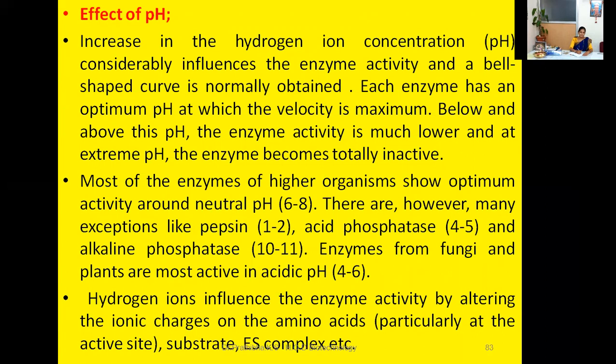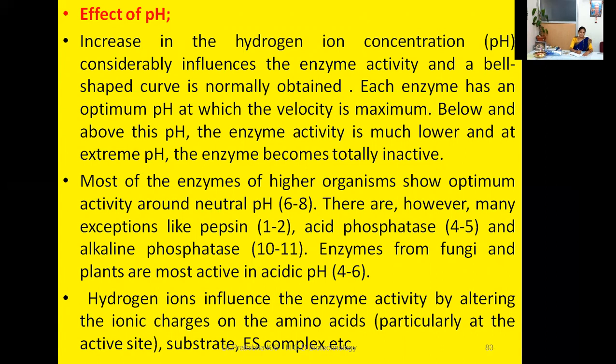Below and above this pH, the enzyme activity is much lower, and at extreme pH, the enzyme is totally inactive. Most of the enzymes of higher organisms show optimum activity around neutral pH, 6 to 8.